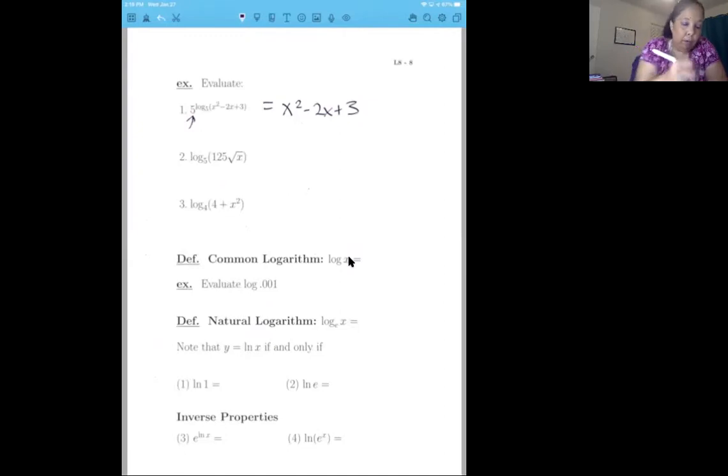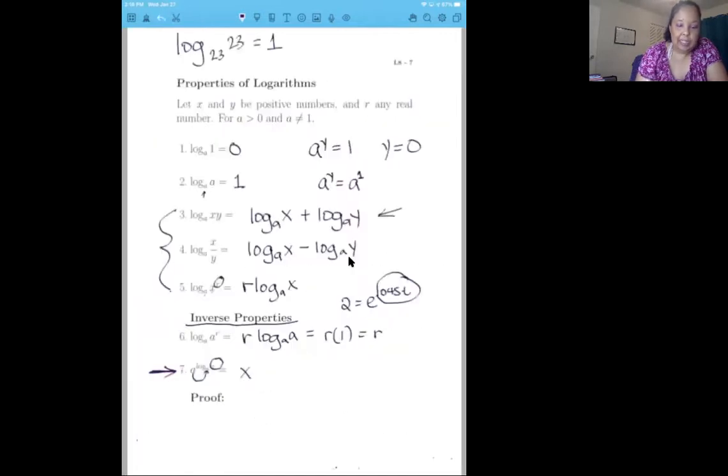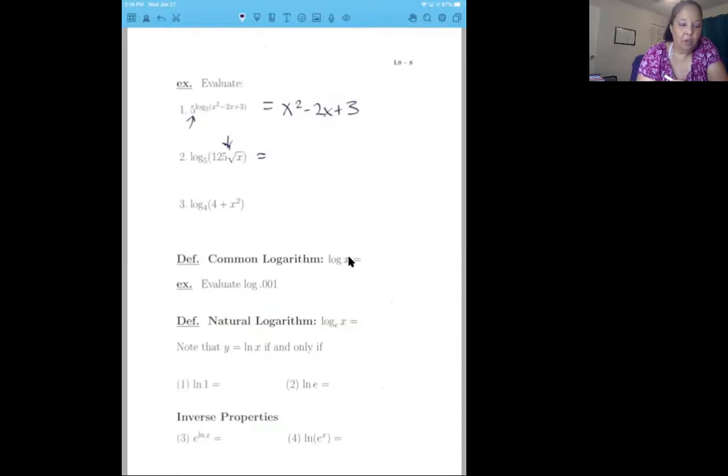All right, now this is a multiplication. And my multiplication, I can write as addition. I'm also going to write this square root of x as x to the 1/2. So I'm going to rewrite this as log base 5 of 125 plus log base 5 of x to the 1/2. All right.